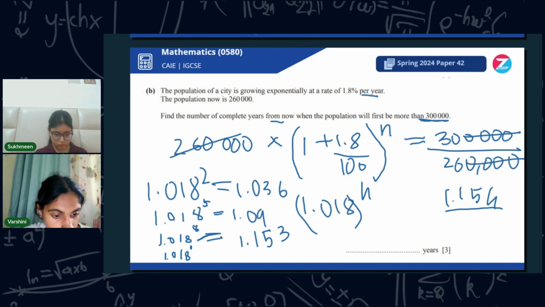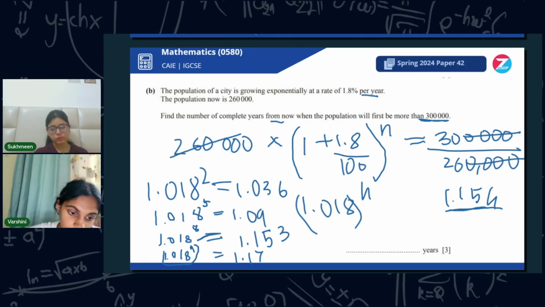If you do 1.018 to the power 9, we should get 1.17. This is a little bigger than 1.154, but remember, they want the population to first be more than 300,000. So this is our answer. Since n equals 9, it's going to be 9 years.